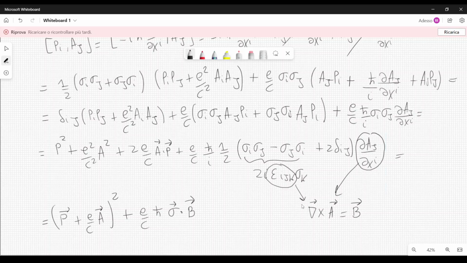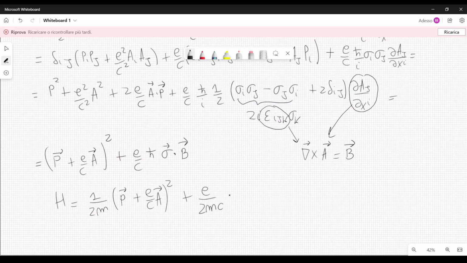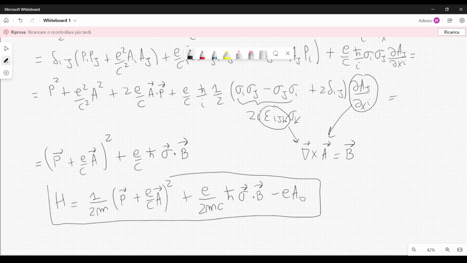And finally, I can write my Hamiltonian in this form: 1 over 2m p plus e over c A squared plus e over 2mc h bar sigma dot B minus e A0. And this is the more general expression for the Hamiltonian, where I also consider spin.